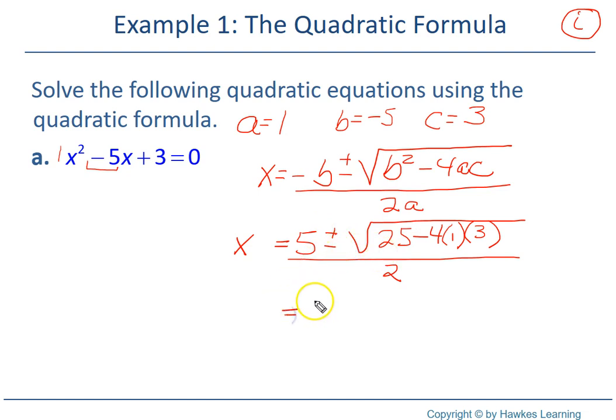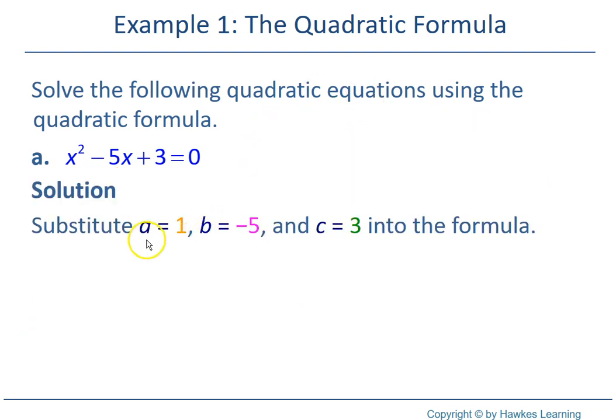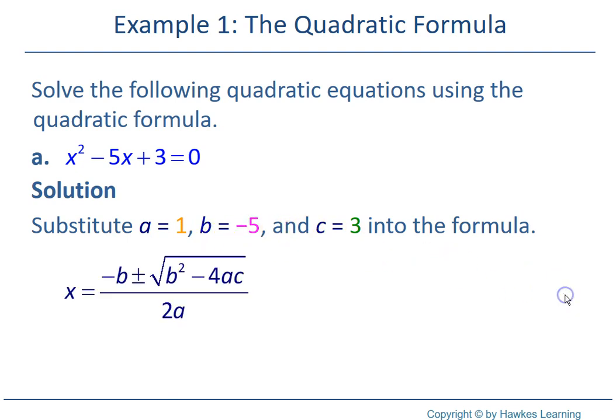So then we start to substitute. 5 plus or minus. Now this is going to be negative 12. If I take 12 from 25, I get plus or minus the square root of 13. And this is all over 2. And you've gone about as far as you can go. Let's check this out. They're identifying the A value, the B value, the C value.